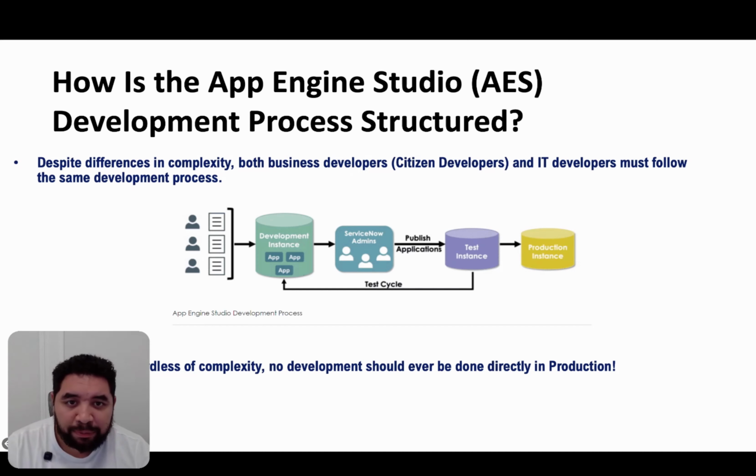Organizations usually have multiple instances, such as development, test, and production, to ensure changes are tested safely before going live. And no matter the complexity of an application, one rule always applies. You should never develop directly in production.